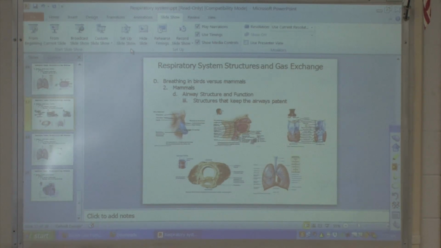And I'm afraid to put this back in PowerPoint mode, but what you would be able to see on this figure are the different cartilages of the larynx. The trachea has incomplete rings of cartilage, so they're C-shaped cartilage.